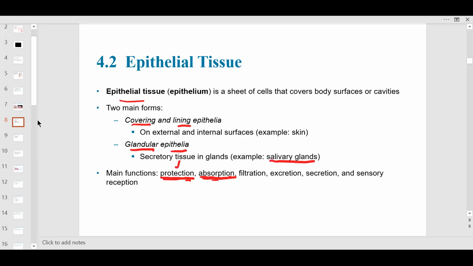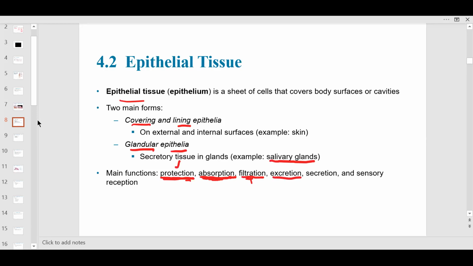So we have to absorb glucose, amino acids, and fatty acids, which are the breakdown product of triglycerides, which are lipids. So know all those macromolecules best you can. You're going to do great. Filtration, one of my favorites, right? Simple squamous epithelium is simple squamous for diffusion too. Diffusion and filtration.